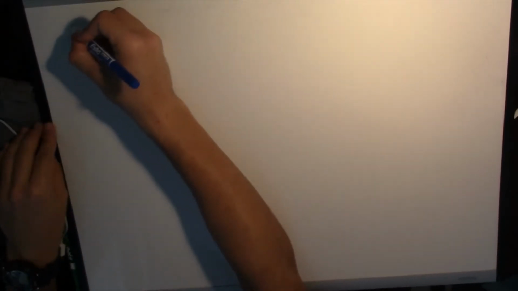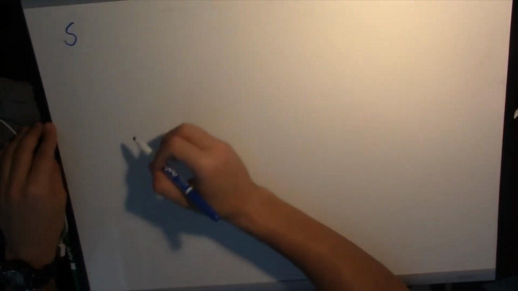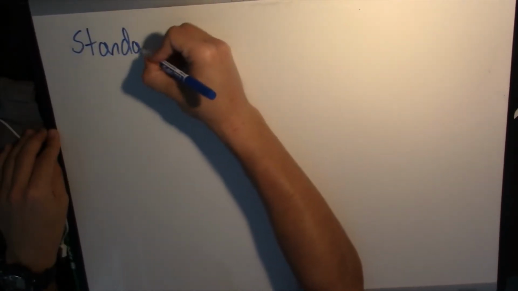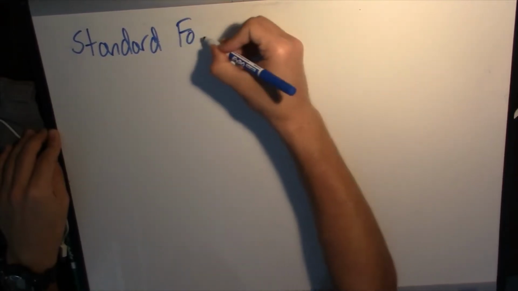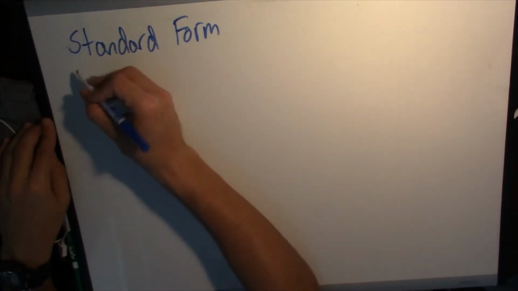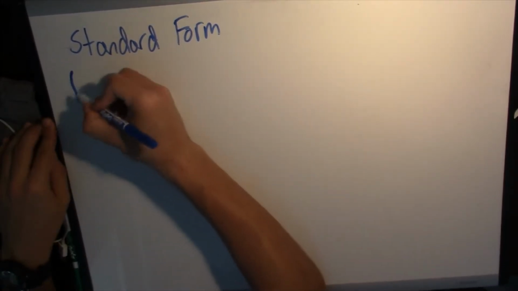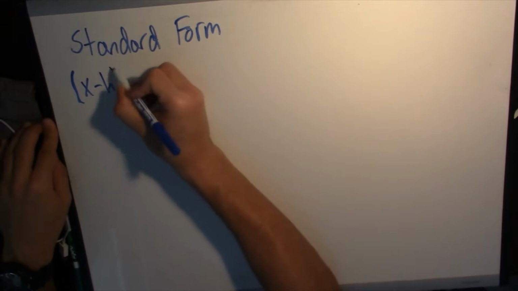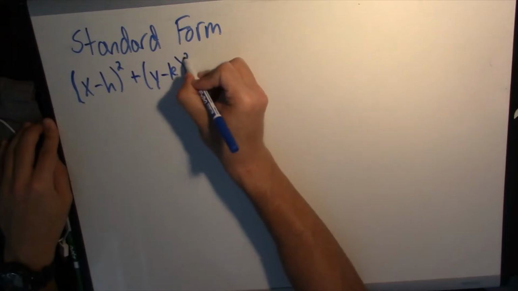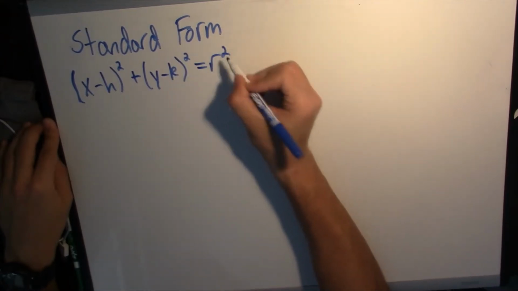Okay, so what we're doing, this whole last week before we went out, we looked at equations of circles in standard form. So the way that we've been writing our equation for circles has been in standard form, which is (x minus h) squared plus (y minus k) squared equals r squared.